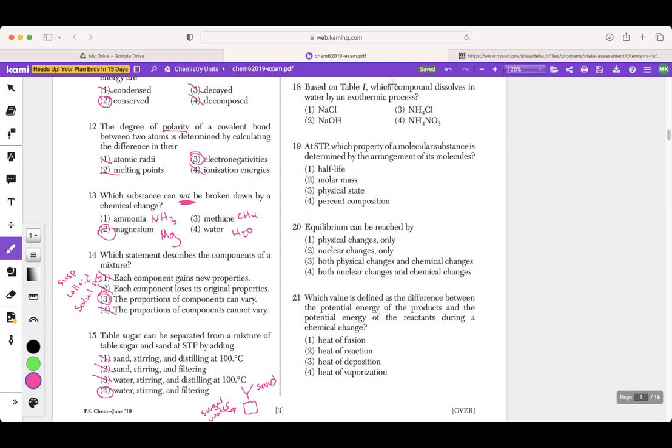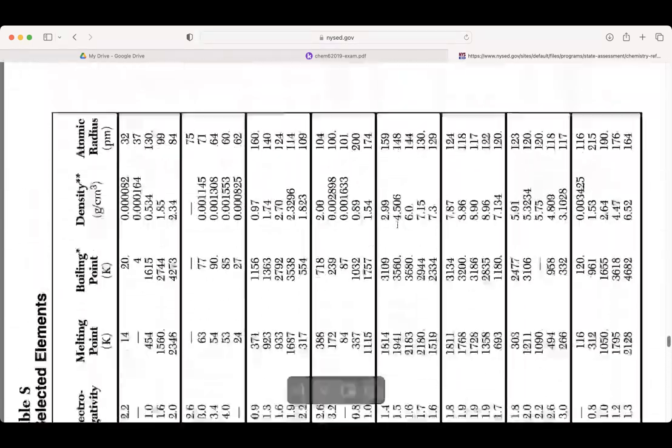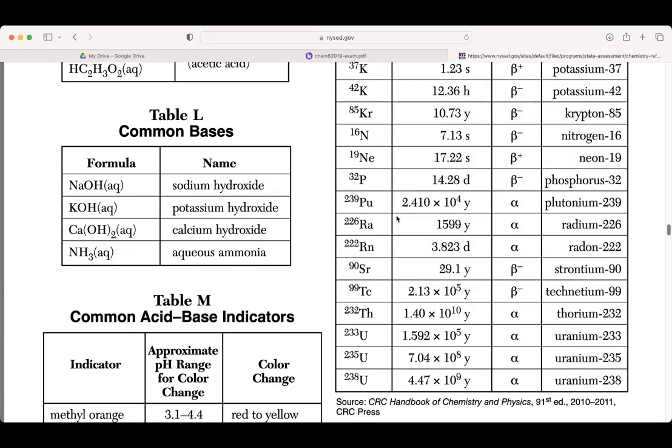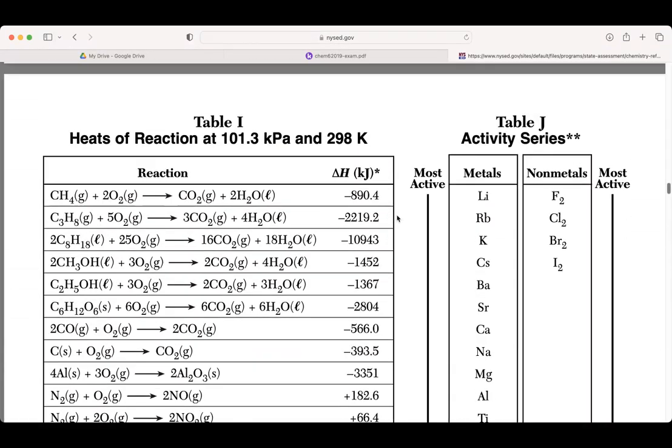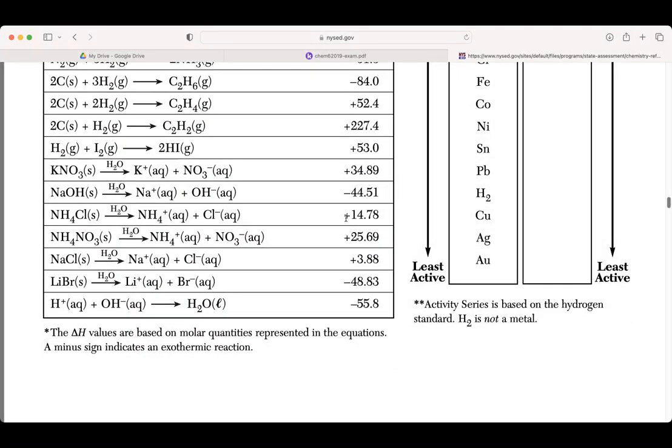18, based on table I, which compound dissolves in water by an exothermic process? All right, so let's take a look at table I. All right, here we are at table I, and we see negative delta H's and positive delta H's. Now, a negative delta H indicates an exothermic reaction.